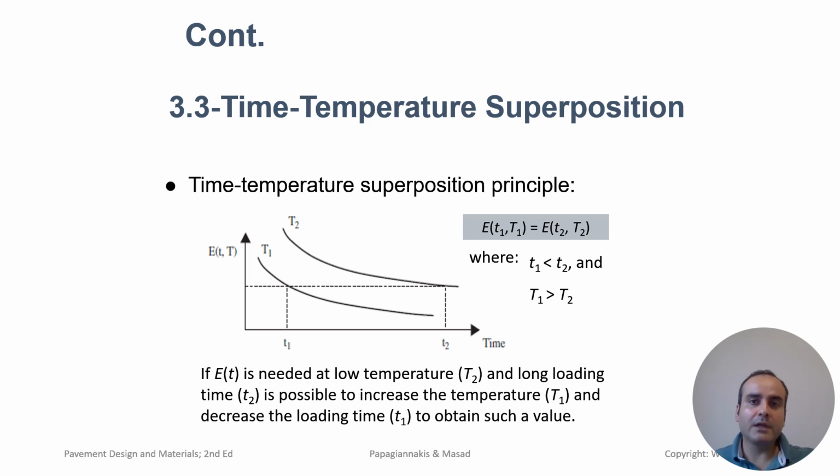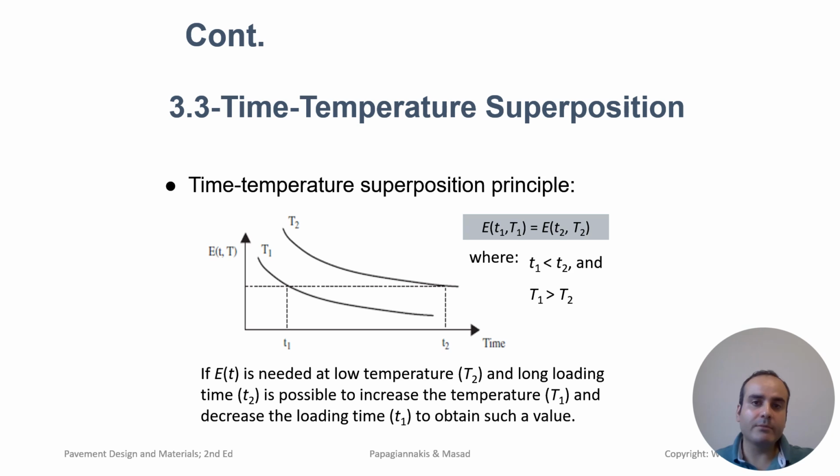This principle helps us understand how asphalt binders behave over a range of temperatures and loading times. Essentially, asphalt's response to a stress at high temperatures can be similar to its response at lower temperatures over a longer period of time.